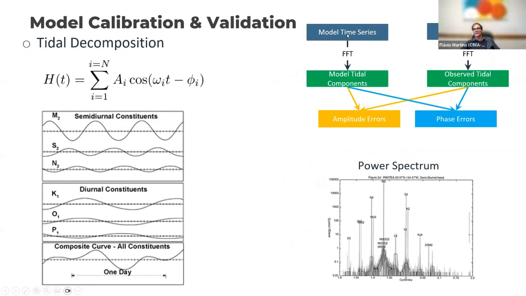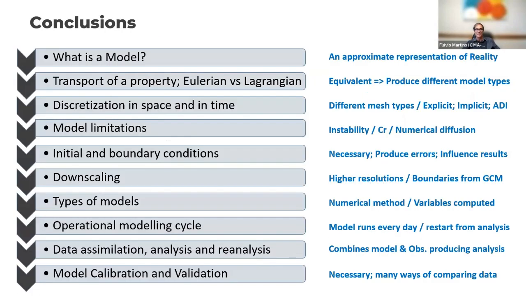It's what I have here. So I have the model and I decompose it into the components. I have the tide signal, the observations. I decompose into the components and I compare the two and I get amplitude errors and phase errors. You see? And I can also use the power spectrum of the model and of the observations to compare the two. So there are many methods of comparing models.